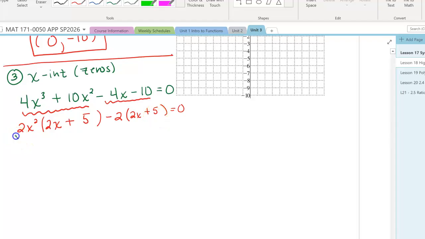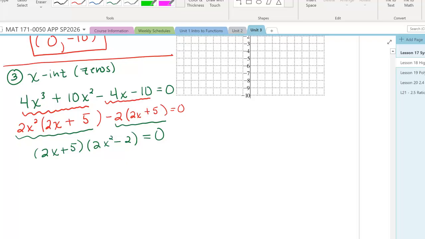Now, if I think of this as 2 terms, they have 2x plus 5 in common. So I'm going to pull that out front, what they have in common, and then what's left over is 2x squared minus 2, and I'm going to set that equal to 0.